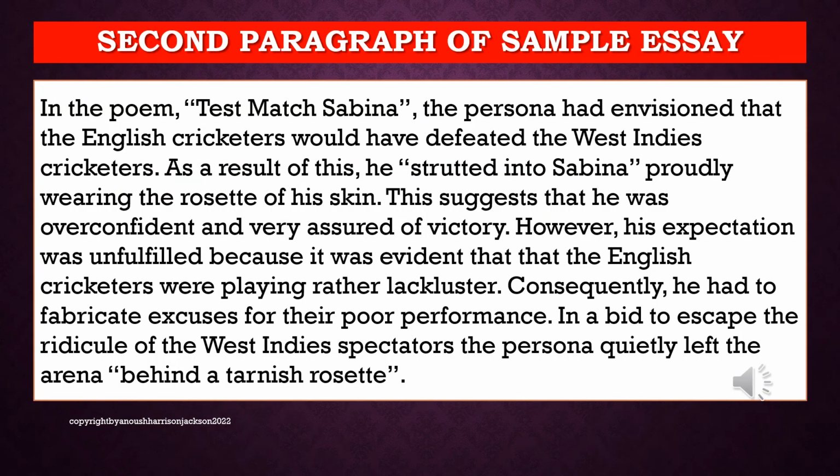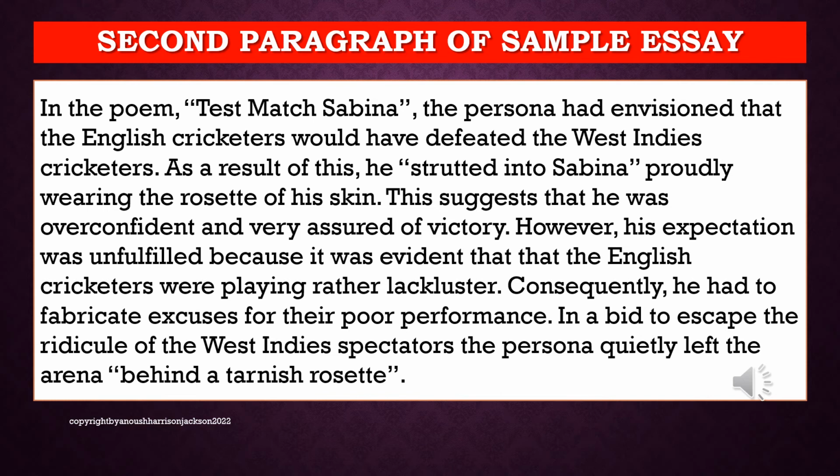The second paragraph of the sample essay. In the poem Test Match Sabina, the persona had envisioned that the English cricketers would have defeated the West Indies cricketers. As a result of this, he strutted into Sabina Park, proudly wearing the rosette of his skin. This suggests that he was overconfident and very assured of victory.